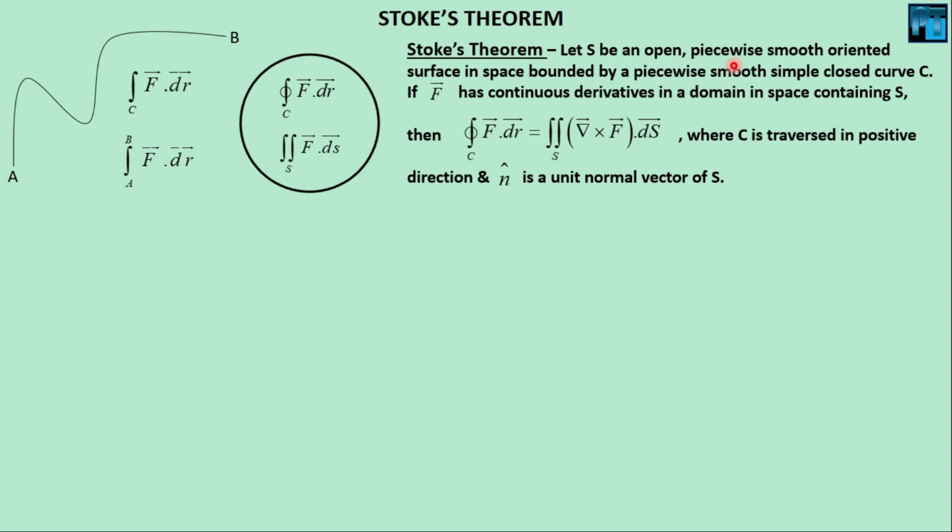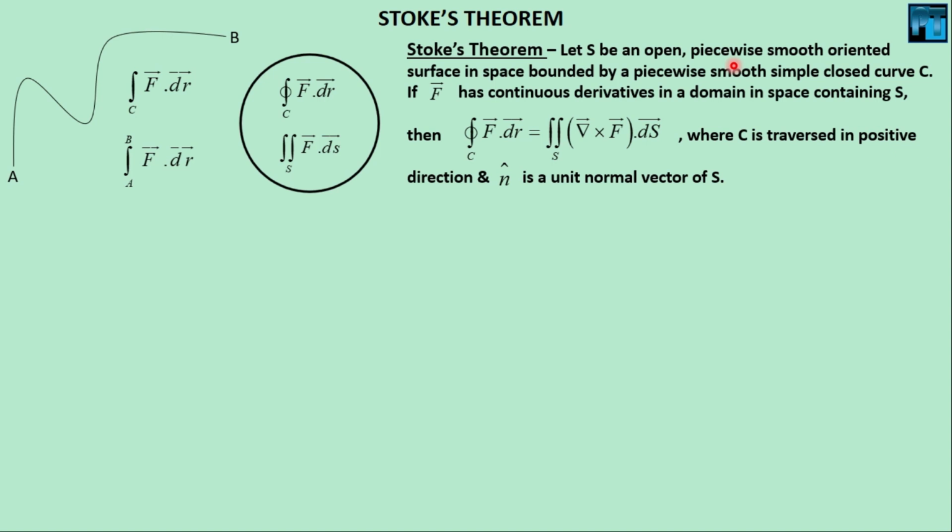A curve C is called a smooth curve if it has at each point a unique tangent whose direction varies continuously as we move along the curve C. And every path of integration of a line integral is assumed to be piecewise smooth.